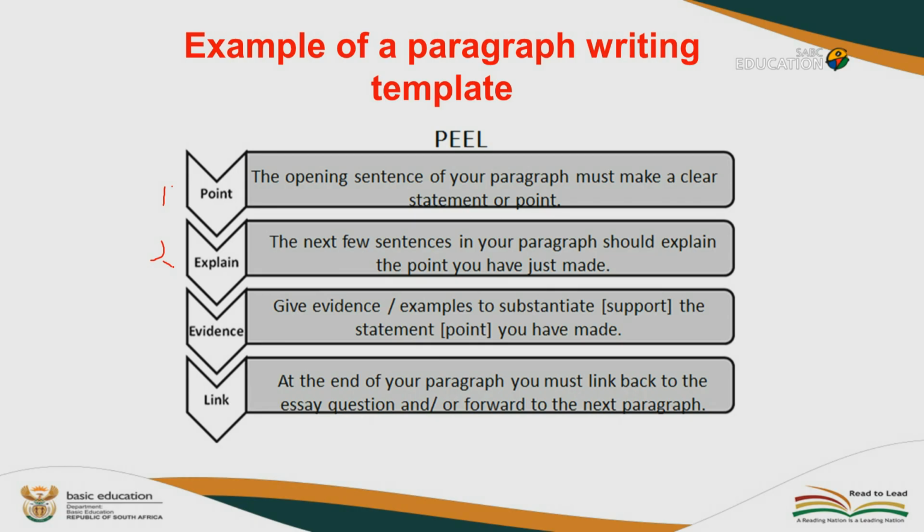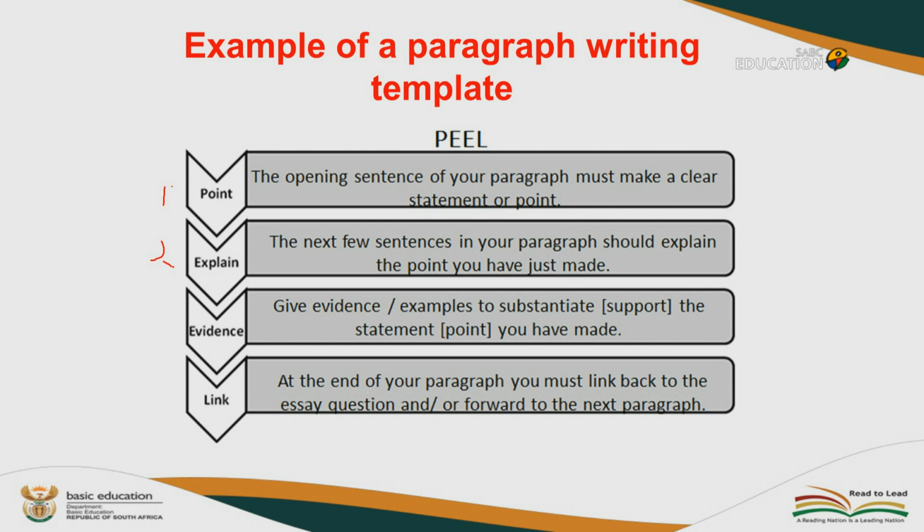Explain: the next few sentences in your paragraph should explain the point you have made. Now, if I make a point and not explain it, then what's the use of writing that point? When you make a point, as you are arguing, you need to explain why you are taking that point. Why are you giving us that point? Then, after explaining the point, you must give evidence.